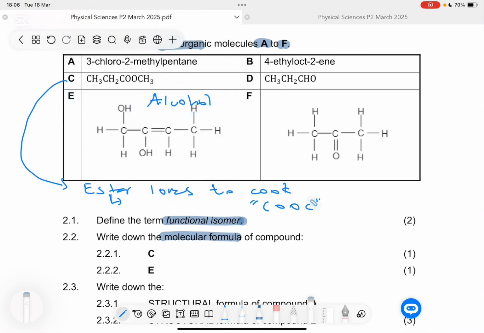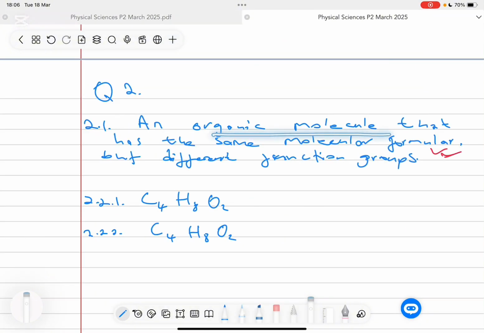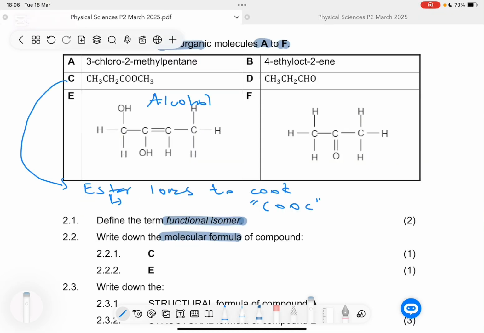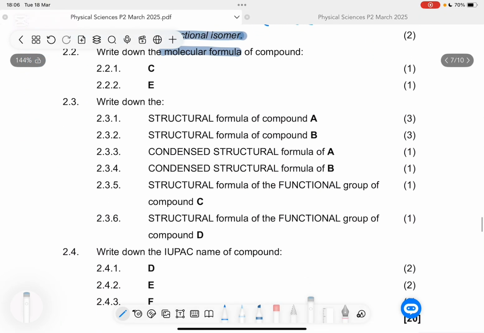Here we have an alcohol, and here we have an ester, the homologous series of an ester. That's why these 2 molecules are functional isomers of each other, because they have different functional groups but the same molecular formula.